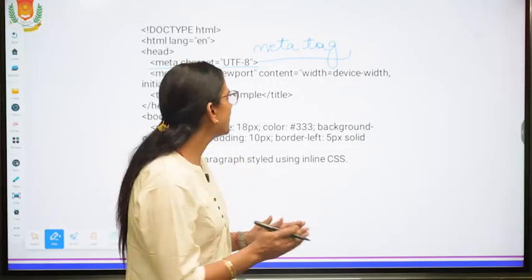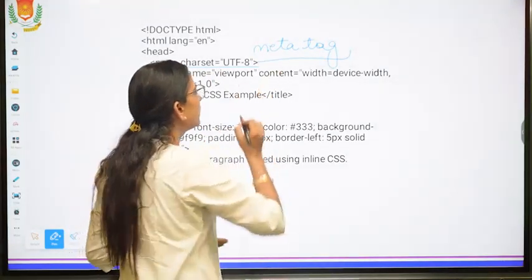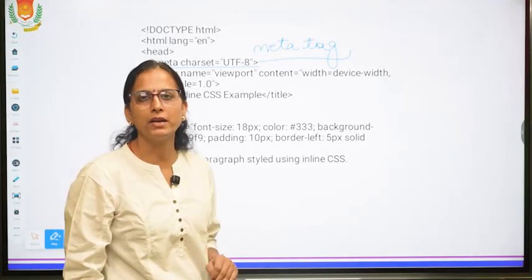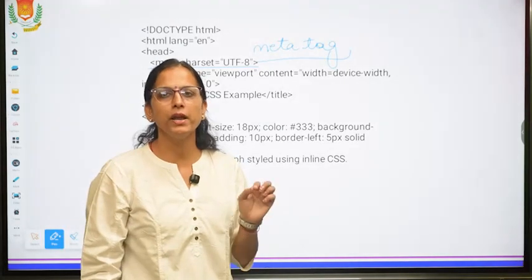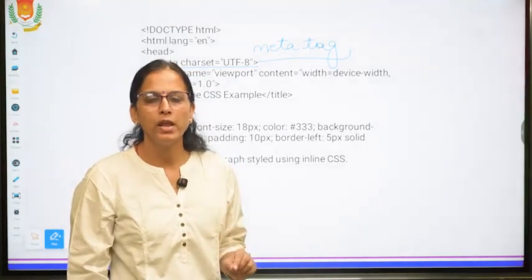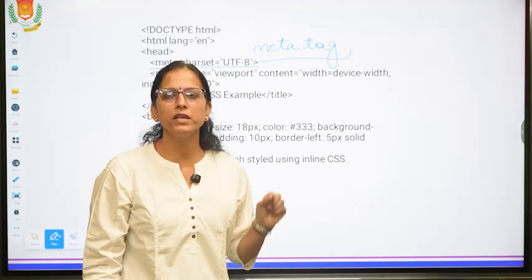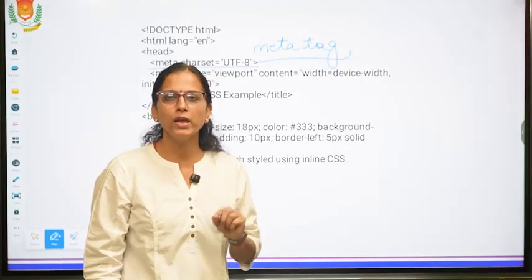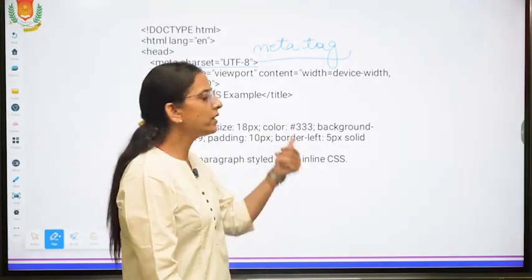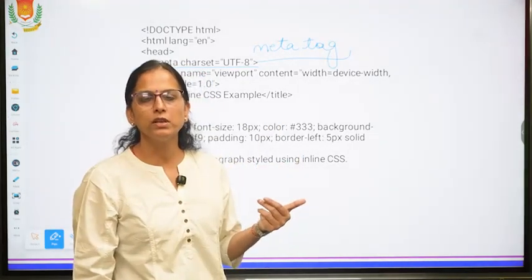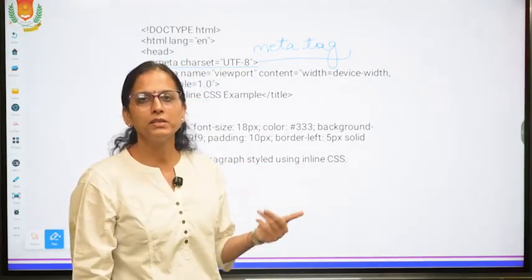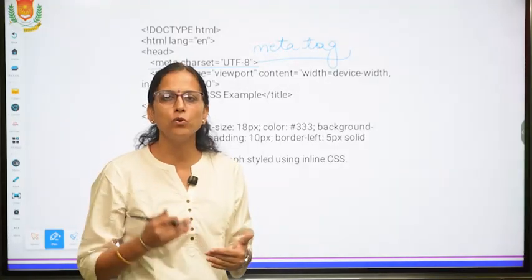Whatever information we write in the meta tags will not be displayed in the browser's window. It does not affect the audience. It is only for the keywords when we are searching through the search engines. It is basically information about our websites.